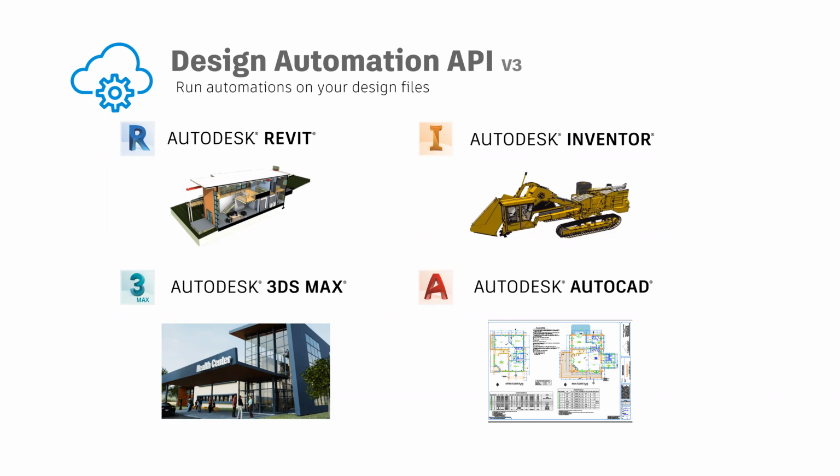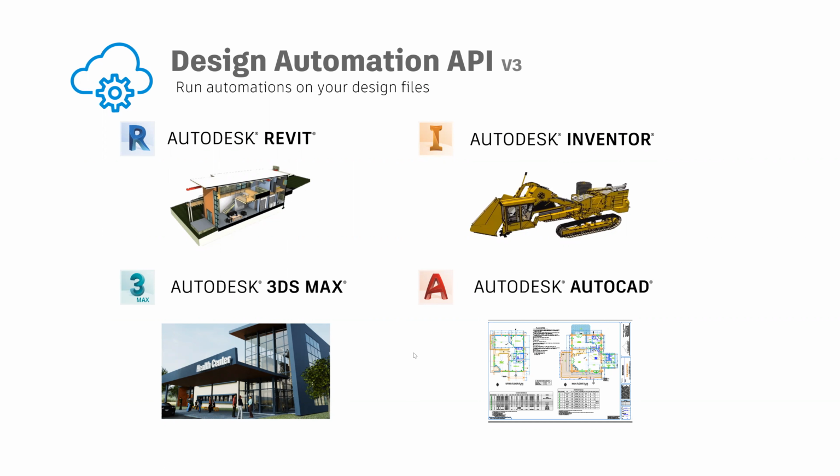And if you have developed an application to automate tedious tasks using a desktop technology, you'll be able to use the same logic on the cloud. We can offload that processing to the Forge platform, which can process the jobs at much greater scale and efficiency.